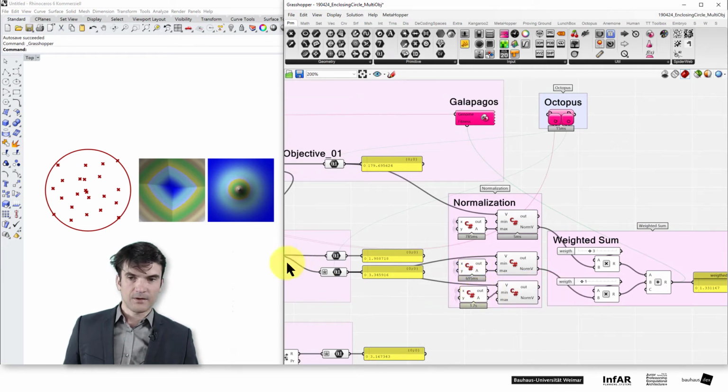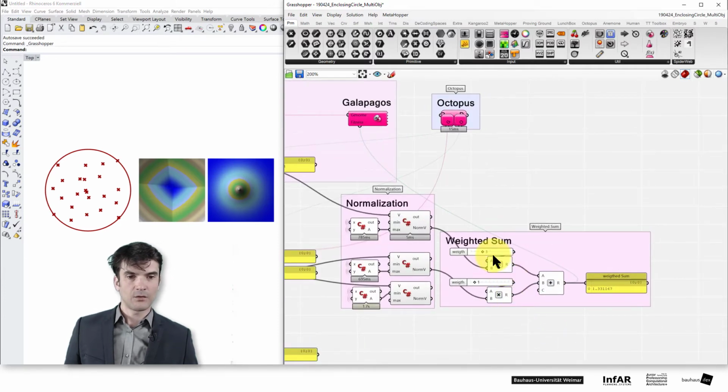And we do the same thing for the values for this area, normalize them, and then here you see the weighting. Here we take these normalized values, they are all between 0 and 1.